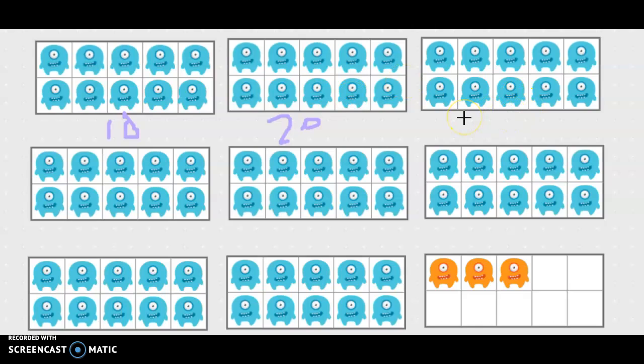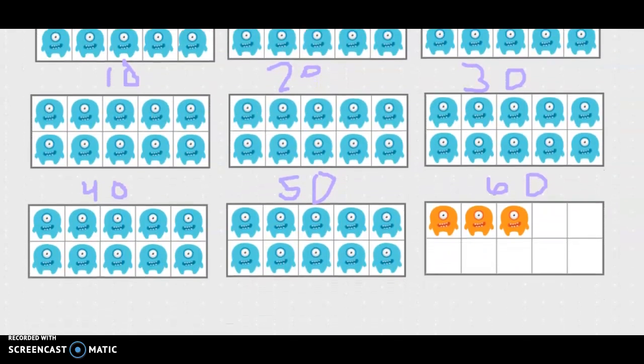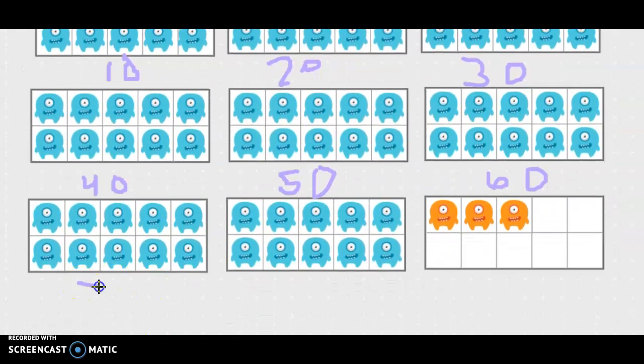The next one is 30. Then we have 40. 50. 60. 70. 80.